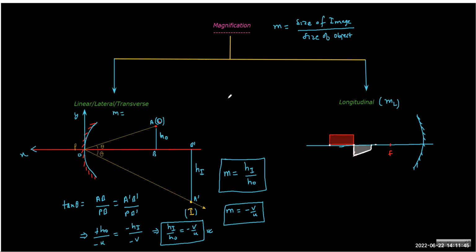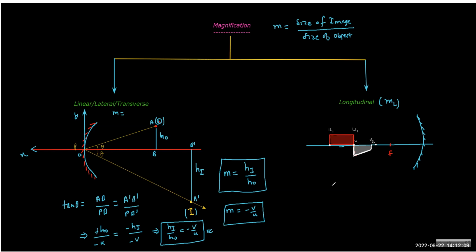We don't take the other. So it is quite possible that this end we can call U1, this end we can call U2. Luckily U1 and V1 are same. And for the image, we can call this end V1, this end V2. It's the other way around actually. This is V1, this is V2.